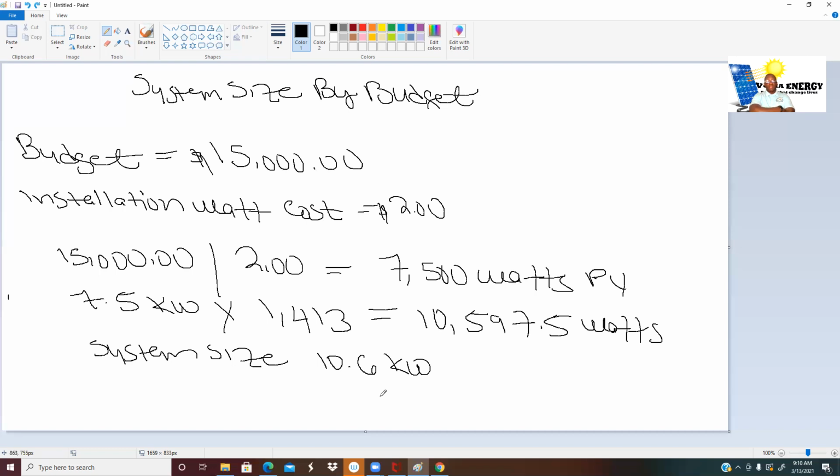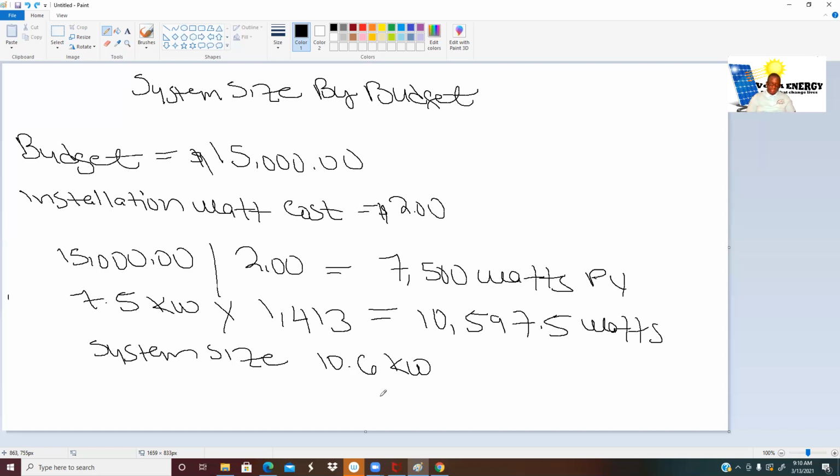We break that down into kilowatts, which gives us 10.6 kilowatts. That would be the size of the PV system for a customer with 15 grand.